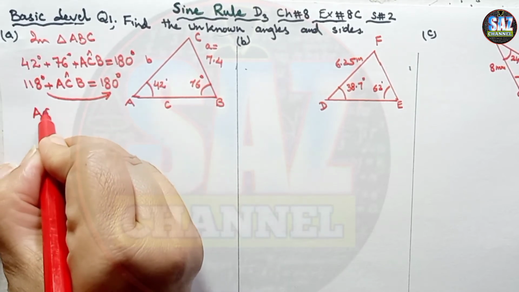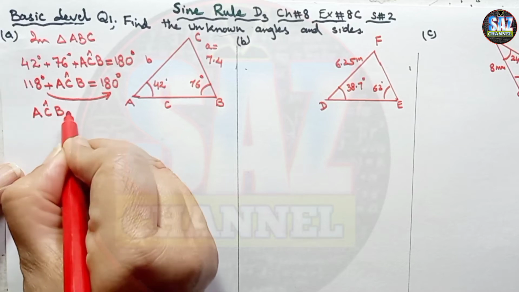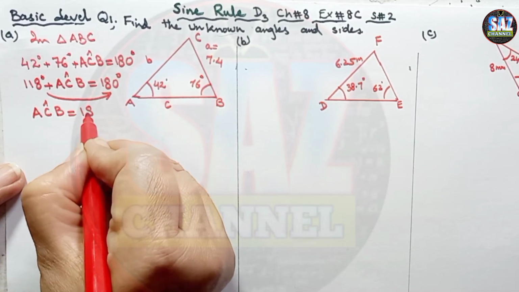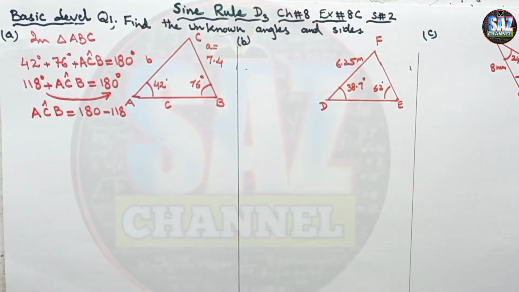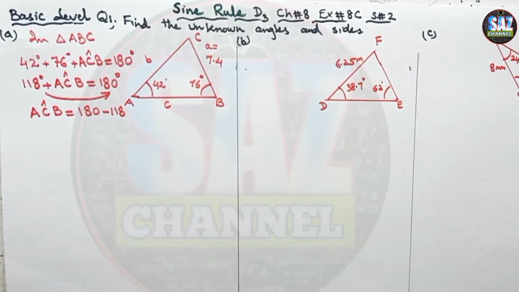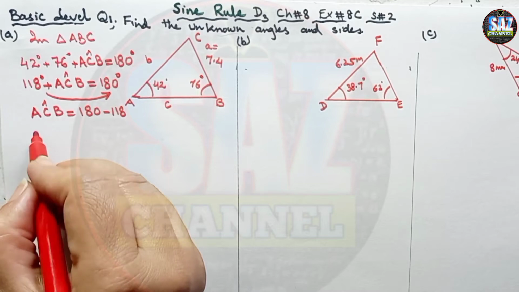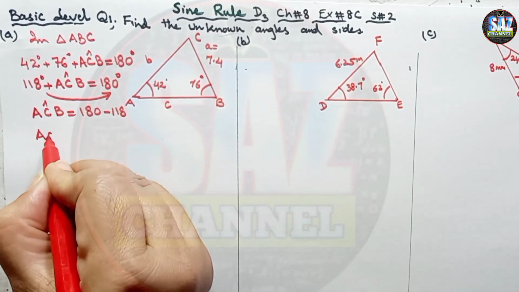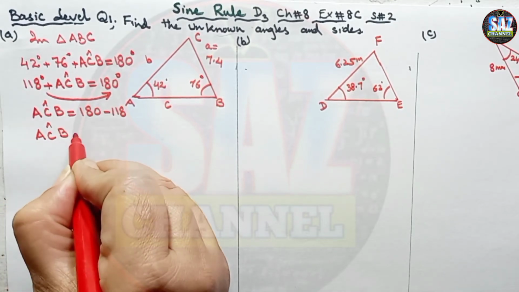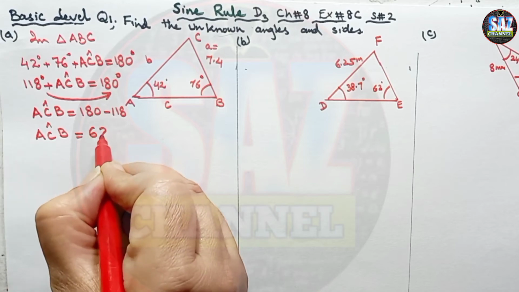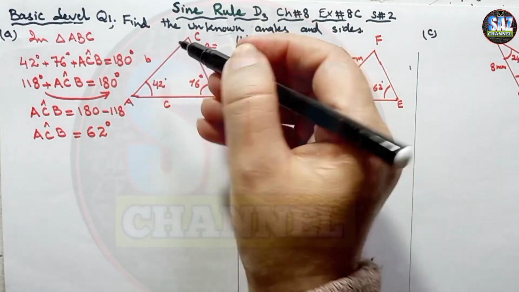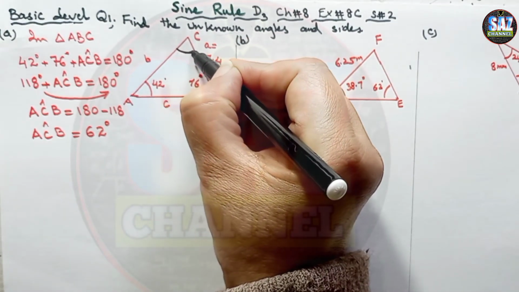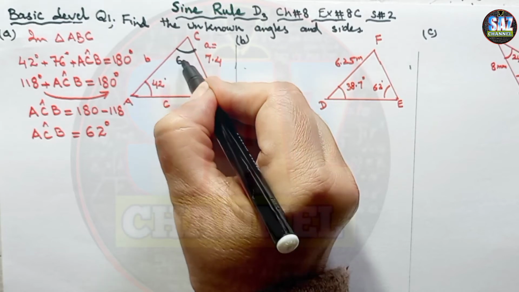Angle ACB equals 180 minus 118. Here you can use the calculator. ACB equals 62, and as this is an angle, I must put the degree sign here. Now we have the third unknown angle, ACB, that is 62 degrees.